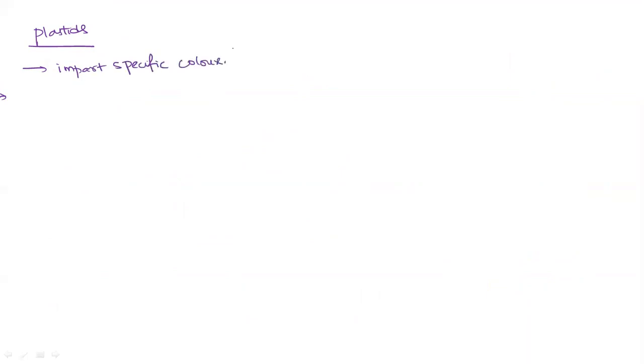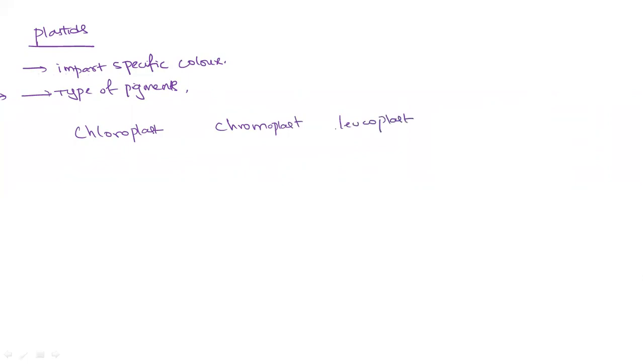There are plants that are purple, yellow, and the color is mainly because of these plastids. Based on the type of pigments, plastids are classified into chloroplast, chromoplast and leucoplast.